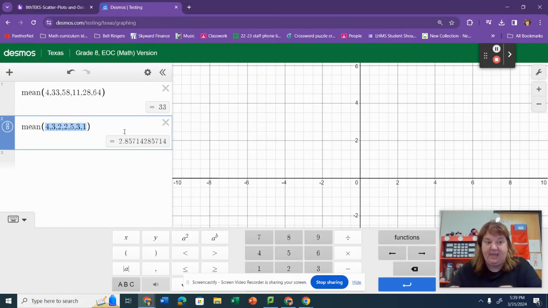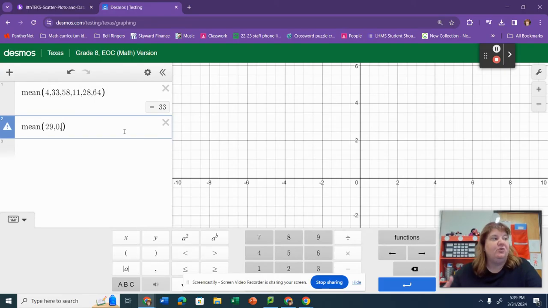Here's how we get the MAD, the mean absolute deviation. So 33 to 4 is 29, right? And then 33 to 33 is 0. And then 33 to 58 is 25.